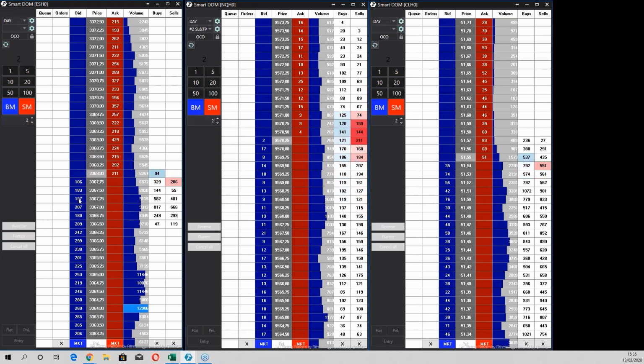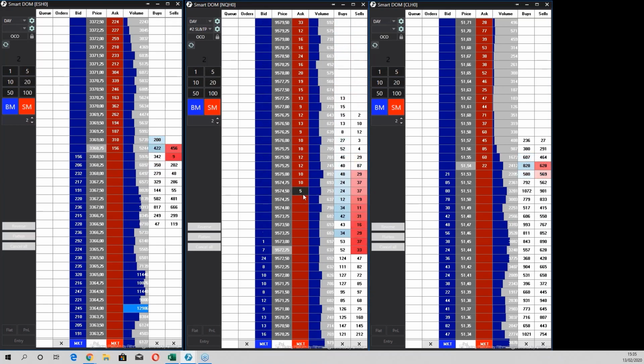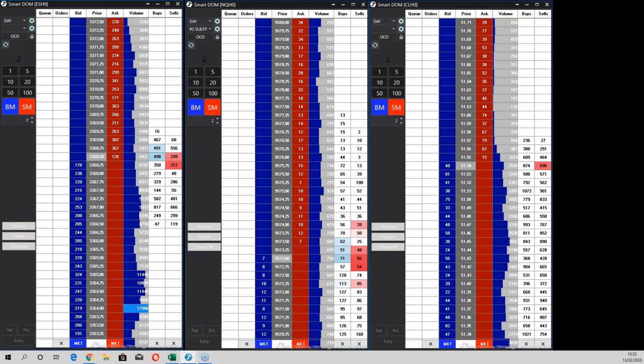I exited my position because I wanted the market to break 67, but I saw too many sellers, and fortunately I was right because now the market is going up quite a lot. The market is still going up.